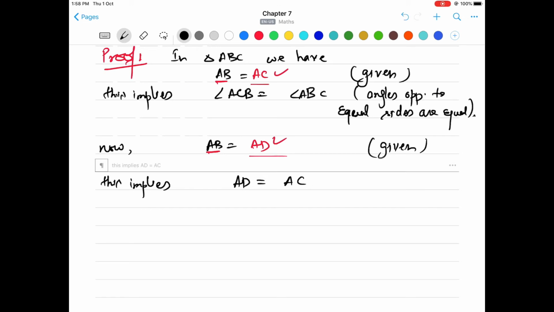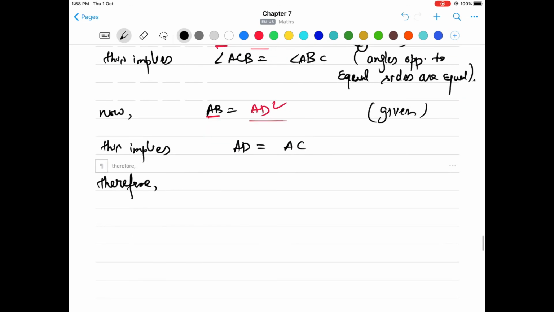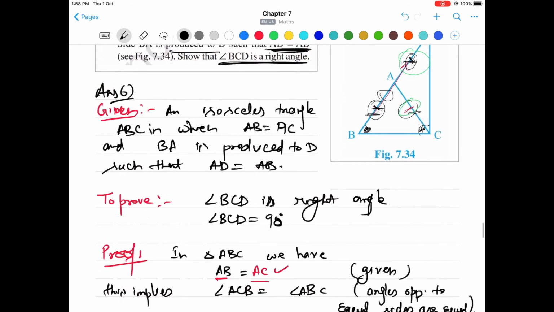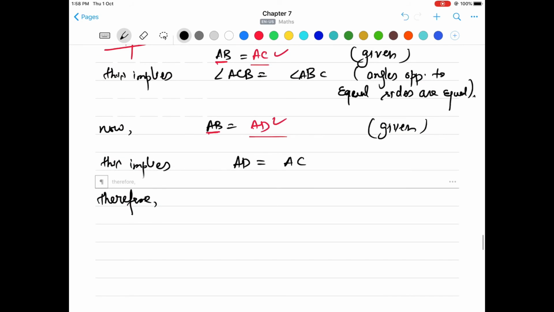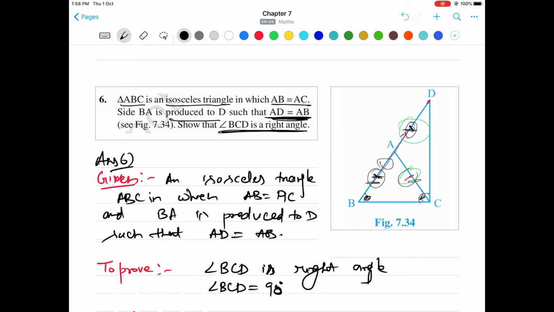Therefore, in triangle ACD, their opposite angles will be angle ACD equal to angle ADC, this angle. If these two sides are equal, their opposite angles ADC and ACD will also be equal.